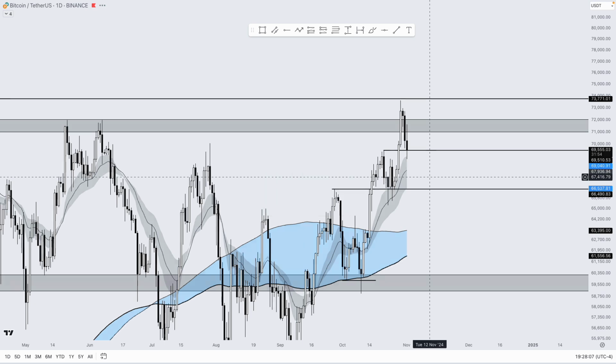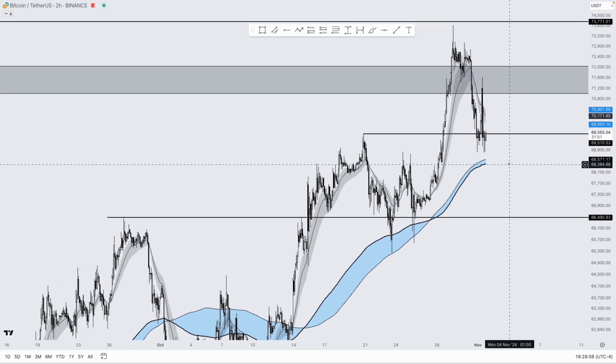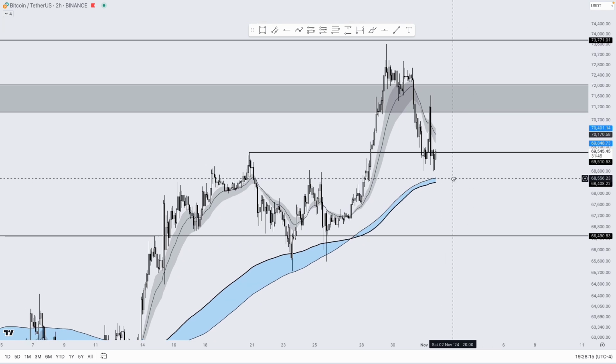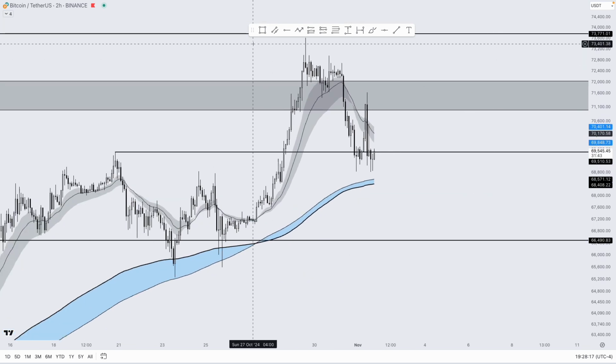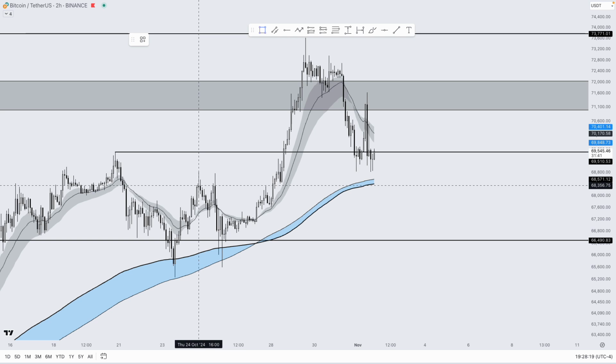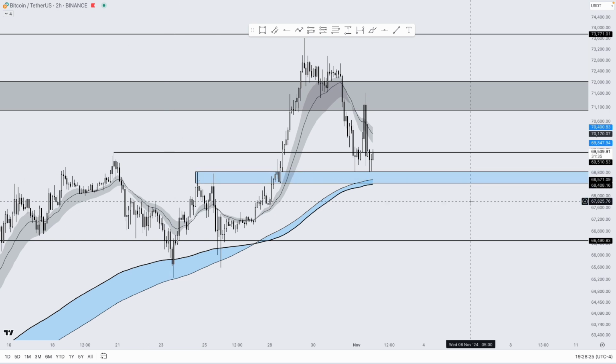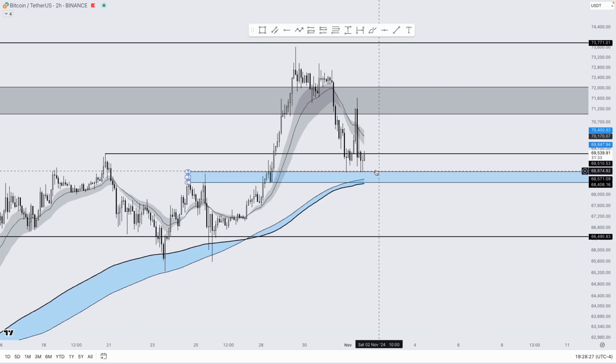So what we're looking for here is this general area between like 67 and 68K to hold, right around these 2 hour 200s. If you take a look here, you can see a nice bit of support. So if we just draw a blue box just like this, this is the area you want to see hold.